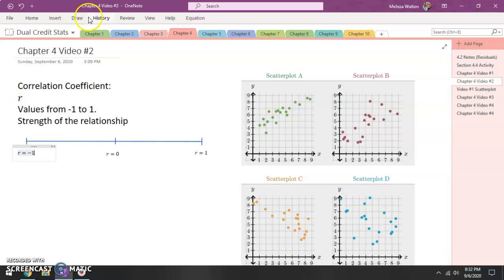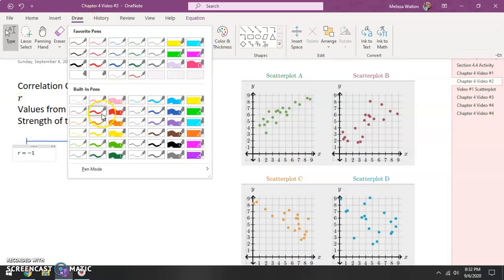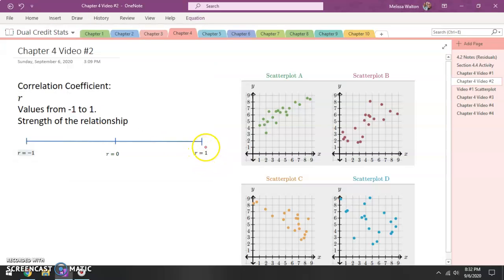I want to show you guys what those would look like. Very rarely would you find something this strong, but let's take a look. If you had an r equal to 1, a correlation coefficient equal to 1, those would be in a positive pattern, and they would be in a perfect straight line. You probably would not see this in nature.